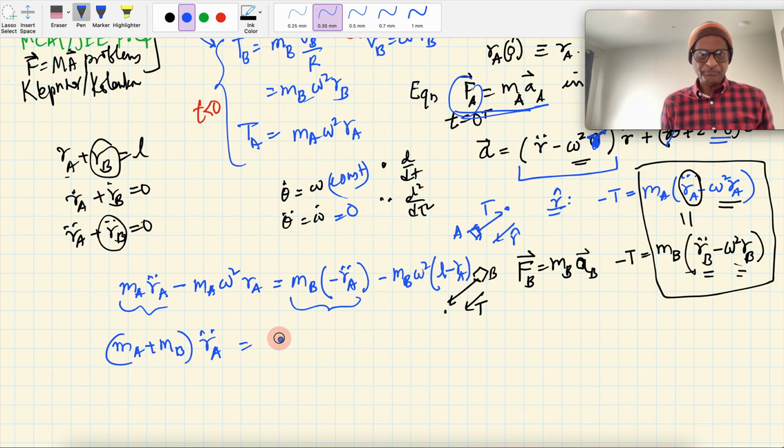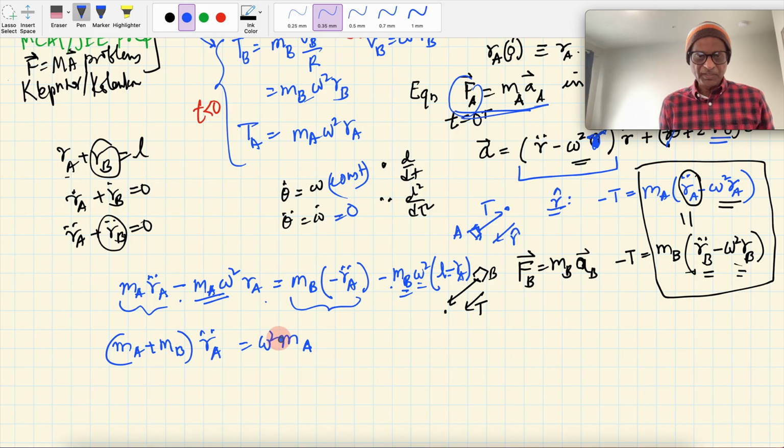So you have M_A omega square r_A, M_B omega square r_A, this minus becomes plus, this becomes a plus.